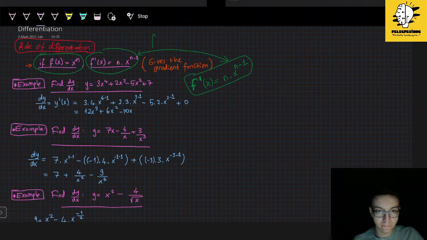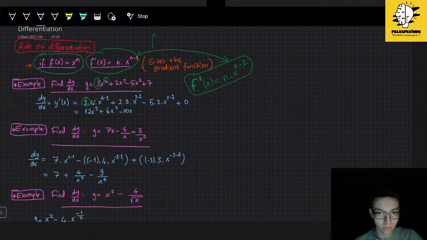We have a power 4 here, so let's put it here. But we don't touch the 3 here. It stays. So we have an extra 3 here, as you can see. And we reduce the power by 1, and it becomes 3. And it's the same for the others as well.